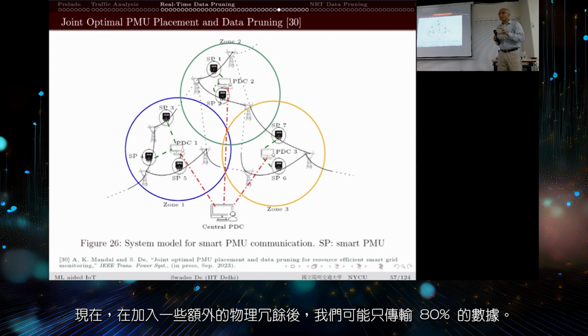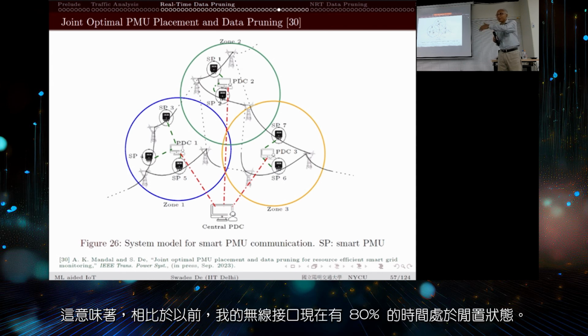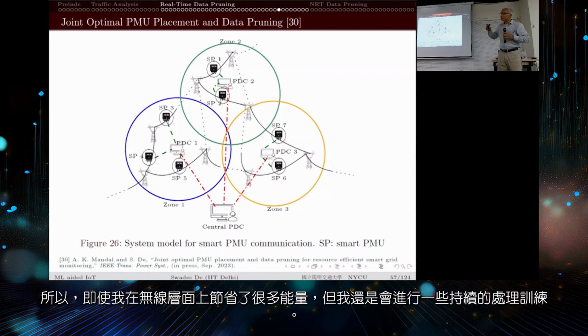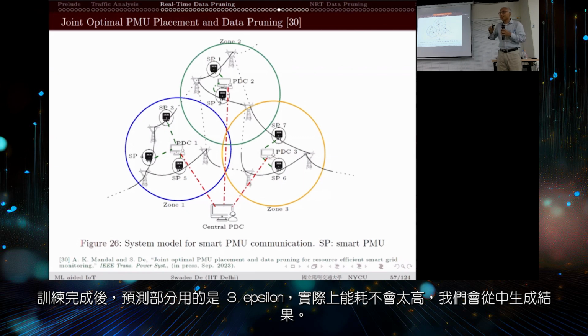So I am transmitting 80% of the data, which means my radio interface is 80% idle compared to the previous situation. So I am saving a lot of energy at the radio level anyway. But I am doing some processing for the training continuously. After training is done, the prediction part is very light. It doesn't consume much.